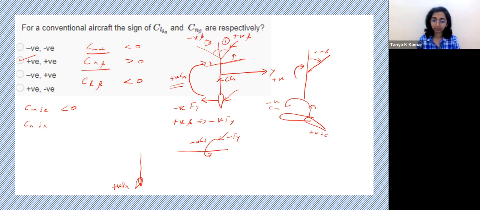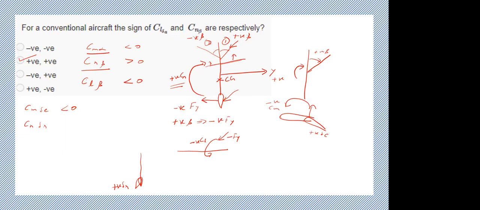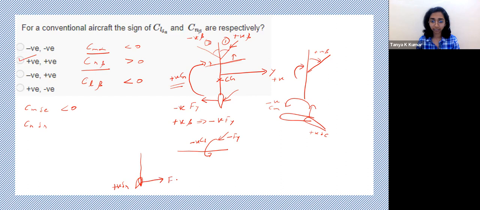When I deflect my rudder this side, the side force is generated towards left or right? Towards the right. Correct. So you have Fy generated here. This is positive Fy, because our y-axis, like I mentioned here, is positive towards the right. So Fy here is positive. Now, if this is your CG, just like the previous case, will it generate a positive or negative yawing moment?